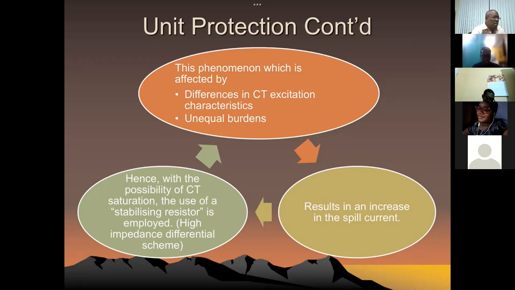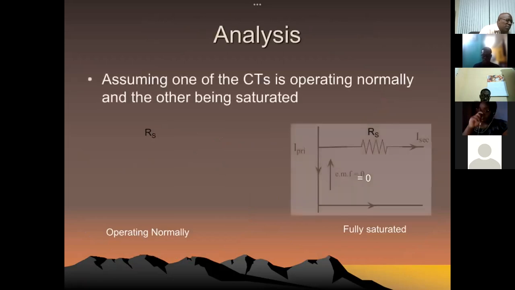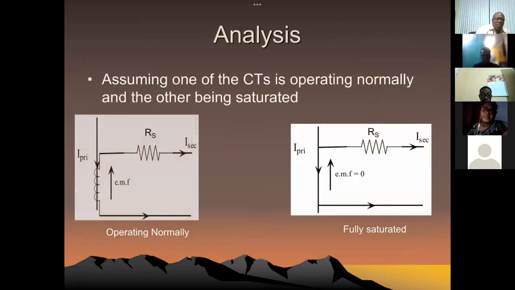All right. So these are the two conditions for your electromagnetic device. When saturated, the EMF will be 0. So operating normally, you'd get a voltage across it.